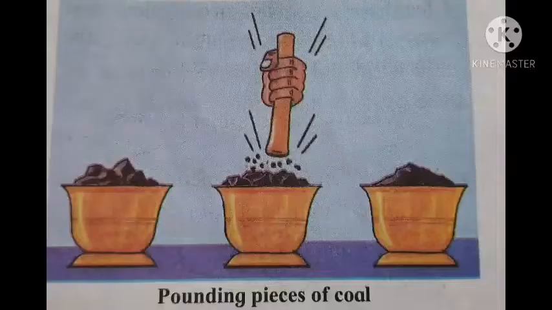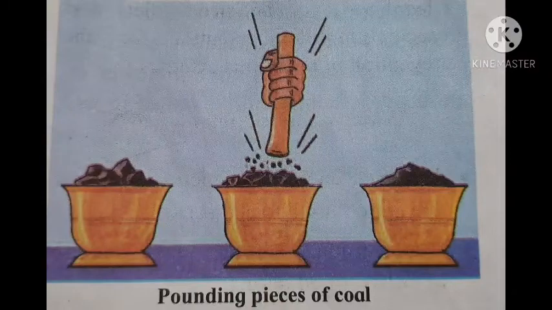When you pound coal or sugar, it turns into a powder, that is into small particles. What is the meaning of pounding? It means making a substance into small pieces. Pounding pieces of coal.